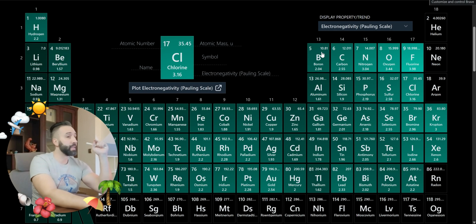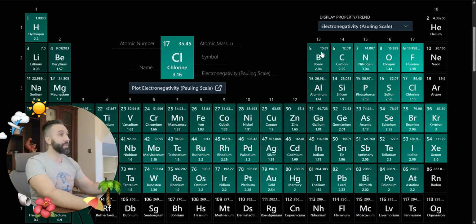Because boron is an exception. Boron doesn't want to have 8 electrons to be stable. Boron is stable with 6 electrons. Remember that because they give this as kind of a cheat. Aluminum doesn't do that, not really, because aluminum doesn't really form covalent bonds that easily, but boron does.